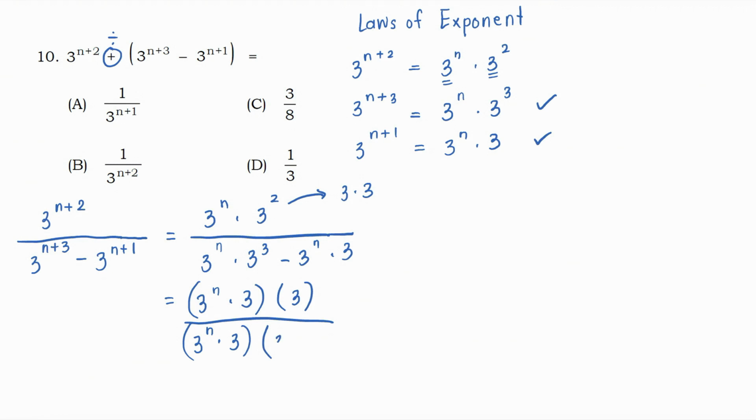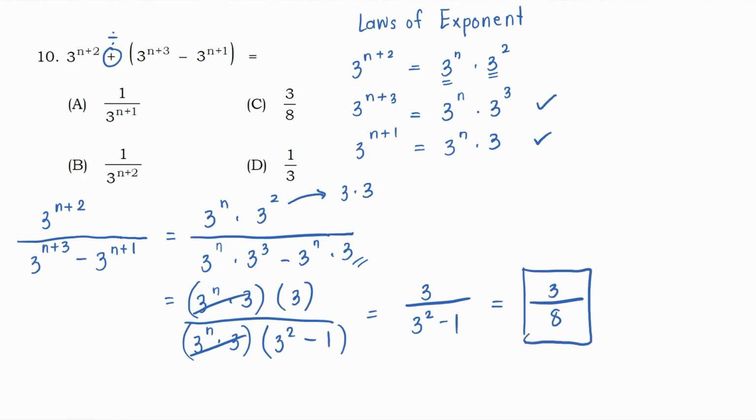So, we're left with 3 squared pa dito sa side na to, and then, minus 1. Kasi, nalabas mo na yung 3 raised to n times 3. So, pwede mo na i-cancel yung 3 raised to n times 3 and 3 raised to n times 3. And you will be left with 3 over 3 squared minus 1. So, that is equal to 3 over 9 minus 1 is 8. So, this one is the correct answer.